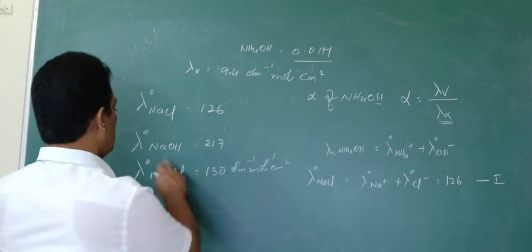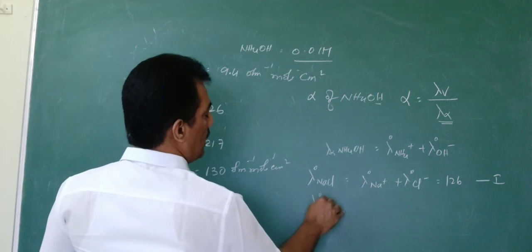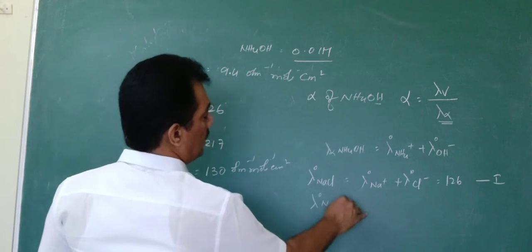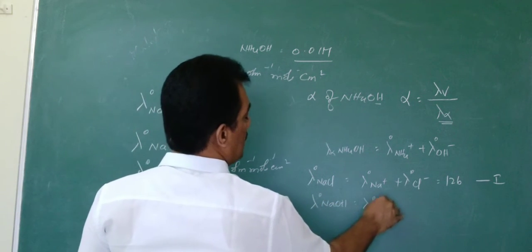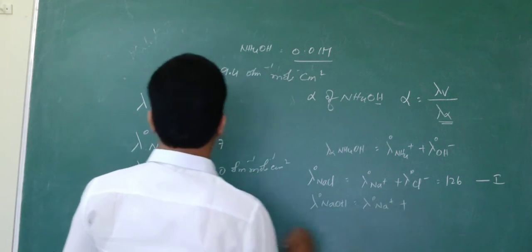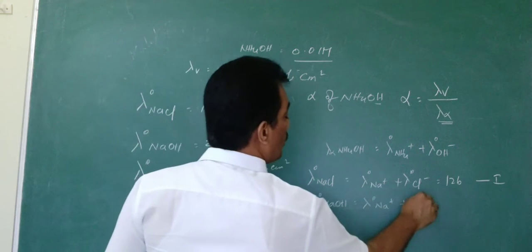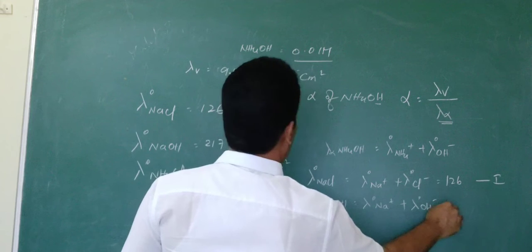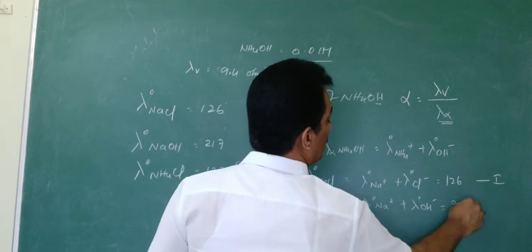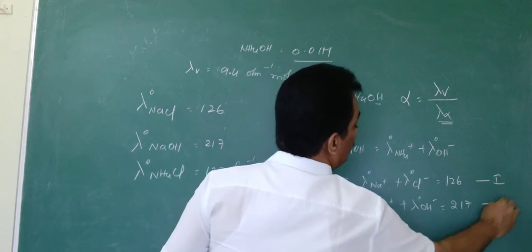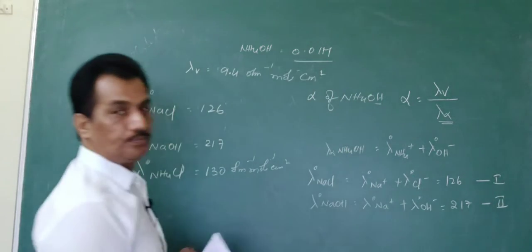Second, lambda naught NaOH, that is lambda naught Na plus plus lambda naught OH minus, equal to 217, equation 2.